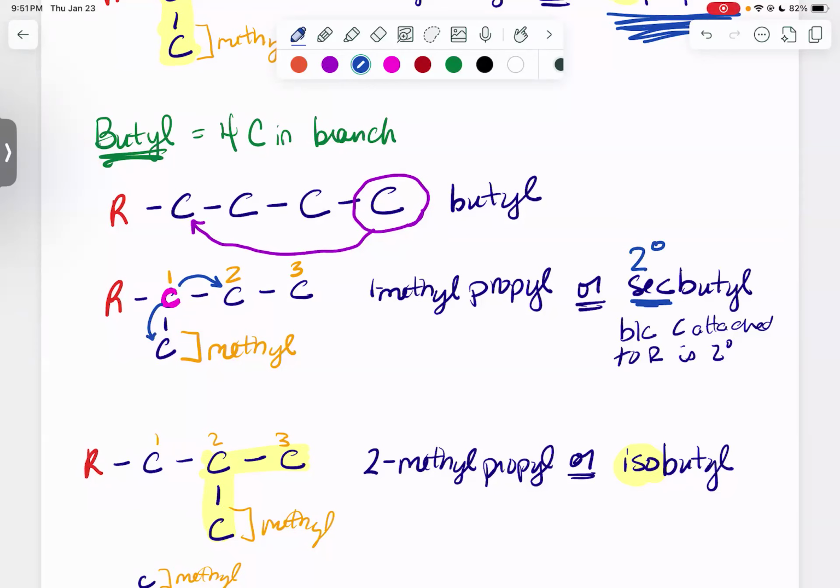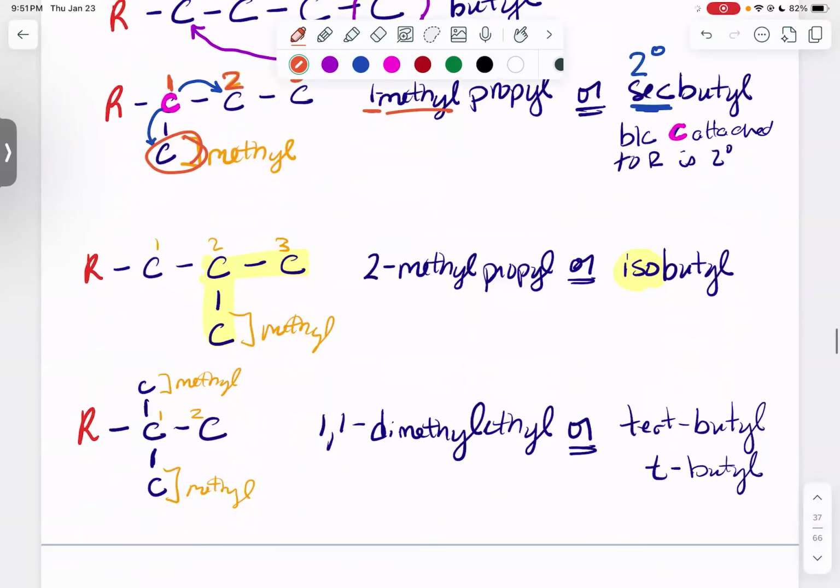The other way you could do this is the IUPAC way: I have 1, 2, 3 carbons in the main parent chain, and coming off of carbon number 1 is a methyl group, so it's 1-methyl propyl. It's just IUPAC or common.